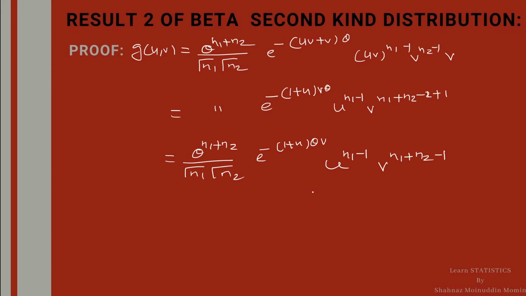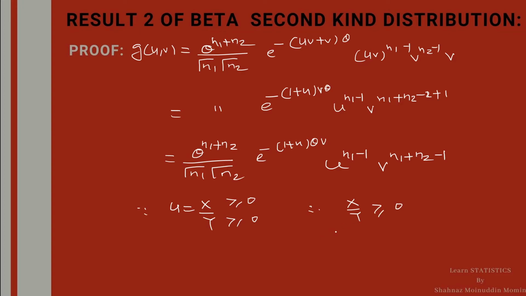Now the part remaining is we have to obtain the range of u and v. We know that u is equal to x upon y, and further x is greater than or equal to 0, y is also greater than or equal to 0. Therefore the ratio x upon y is greater than or equal to 0.